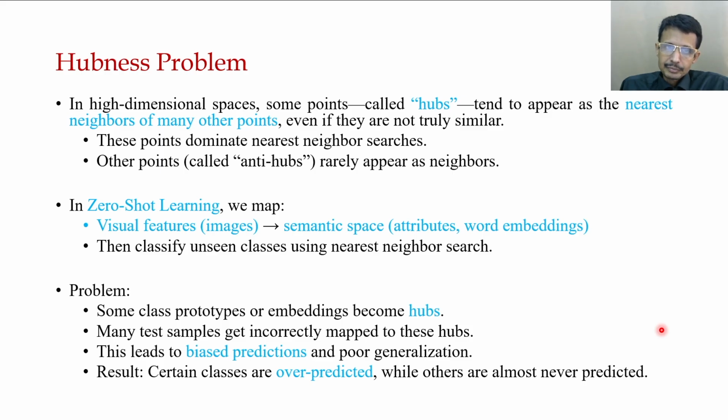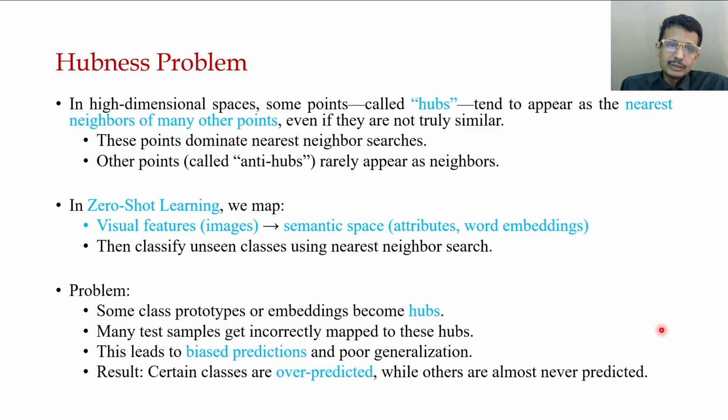It is our general observation that what we predict in the semantic space will be near the class embeddings, and that's why we use this kind of nearest neighbor search.